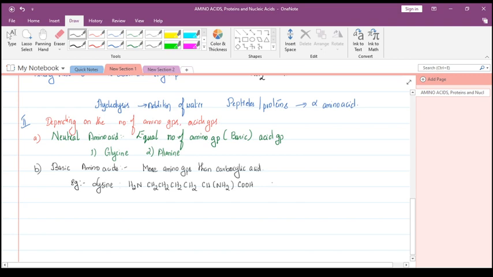So the alpha carbon also contains one amino group. This is an alpha carbon, isn't it? Beta, gamma, delta, epsilon. You can write epsilon or any other symbol.